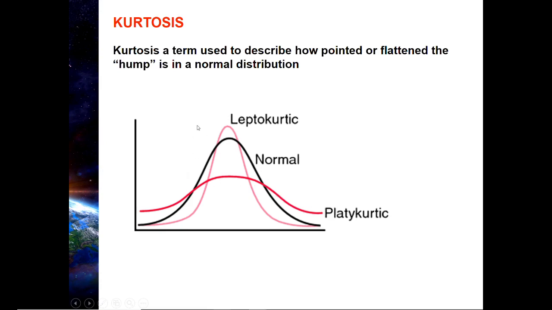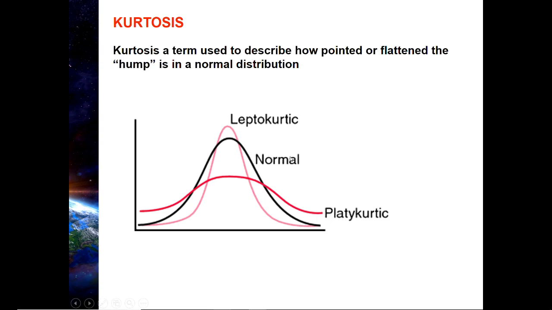So now, if we look at this black line here, that represents what we typically think of when we think of a normal distribution. In other words, it's not too pointed, it's not too high here. We would call that leptokurtic. If it's more peaked than normal, it's leptokurtic. And it's not particularly flat, which we refer to as platykurtic.